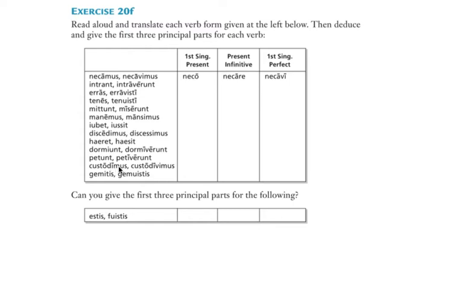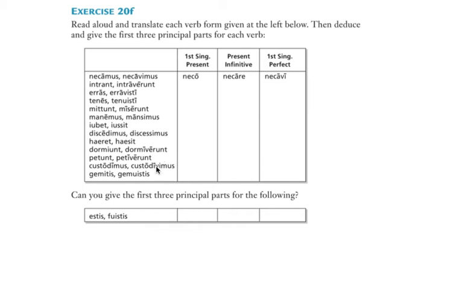If you don't remember off the top of your head that this is custodio, custodire, you can deduce it from that long I there, and you get the first two columns from that: custodio, custodire, and once again deduce the third column from this perfect verb here, custodivimus. So again, everything up to the ending.